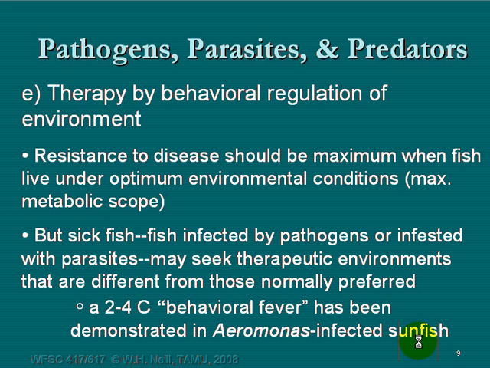And ick is treated commonly in aquarium situations by raising the temperature to about 80 or 82. It worked out that was about 2 degrees greater than the basal preferendum of the mosquito fish.